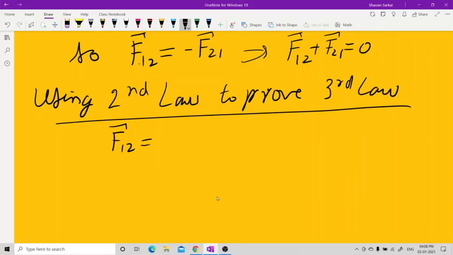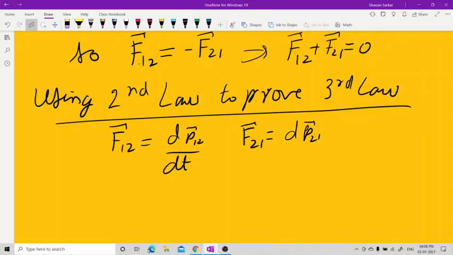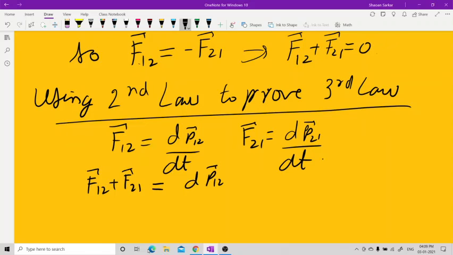Now you know one thing very clearly: F12 is dp12 with respect to dt, and F21 is basically dp21 with dt. Now the point is that if I add them up, F12 plus F21 is dp12 upon dt plus dp21 upon dt.